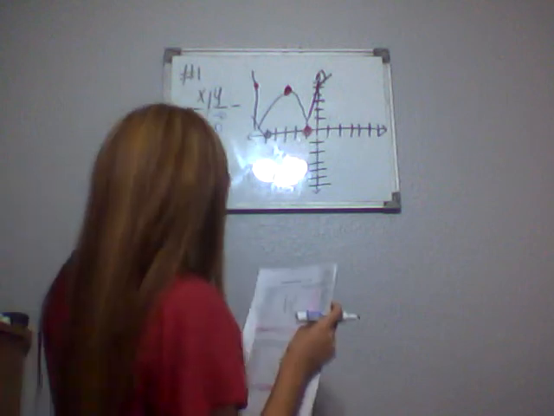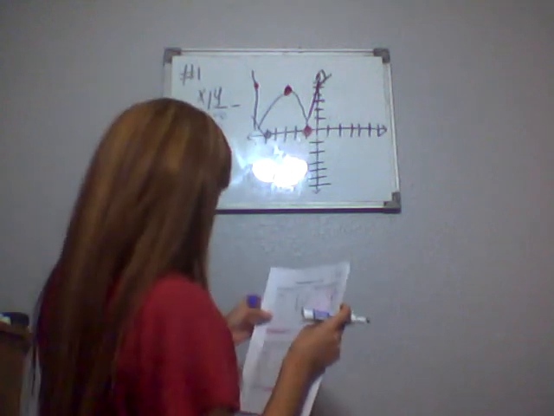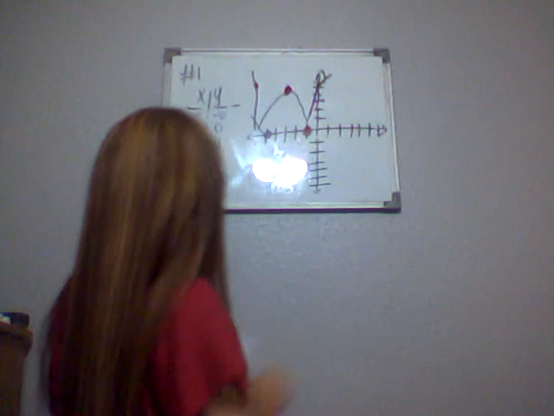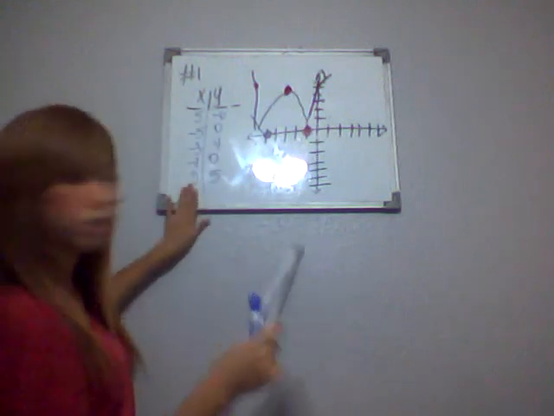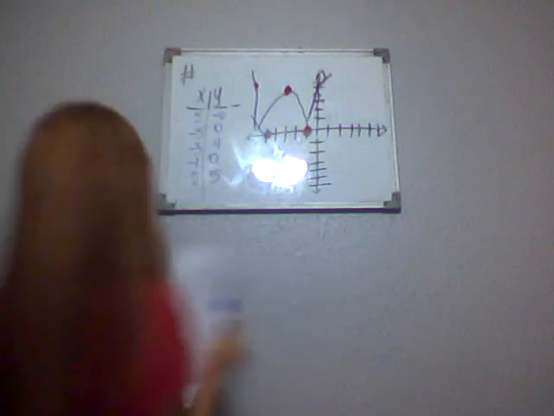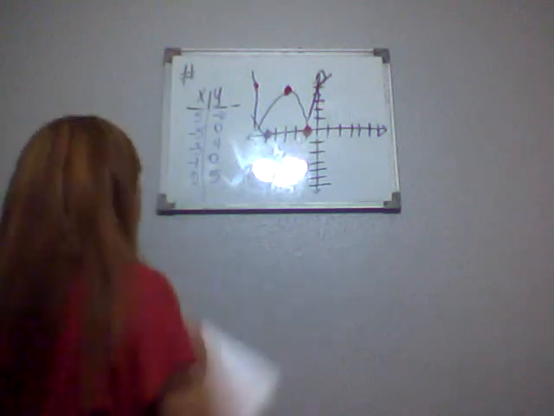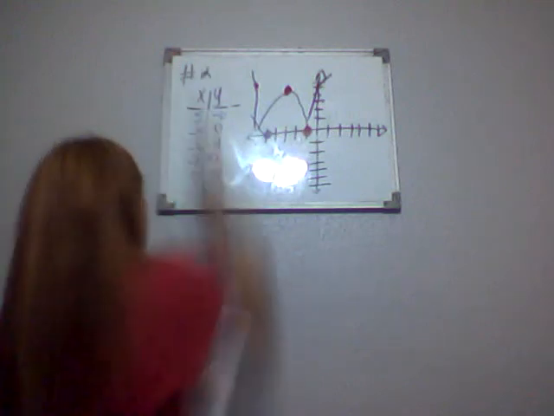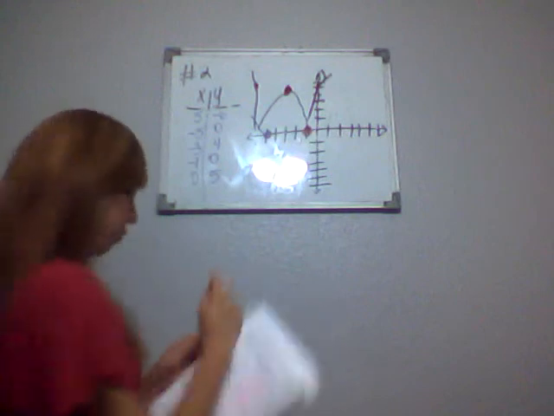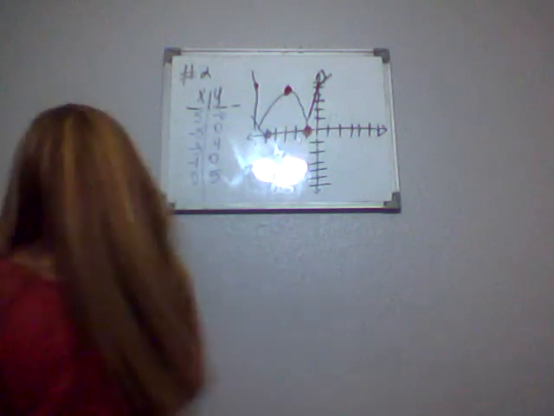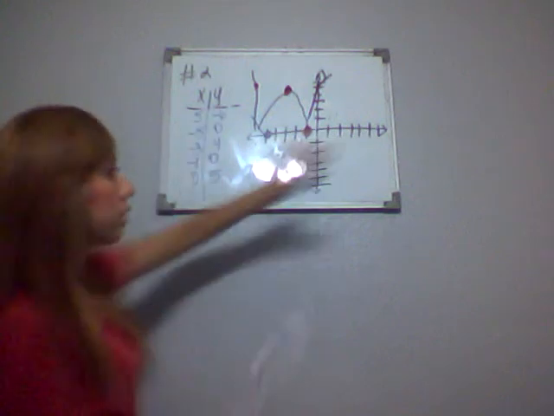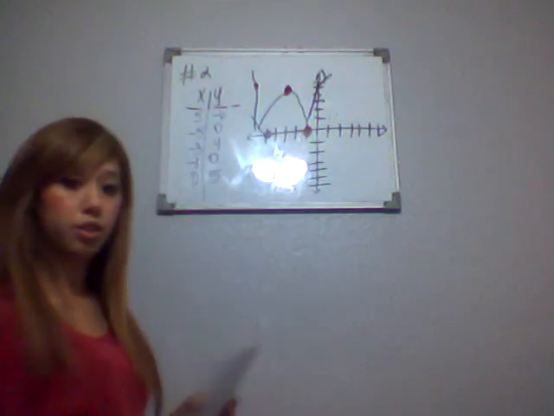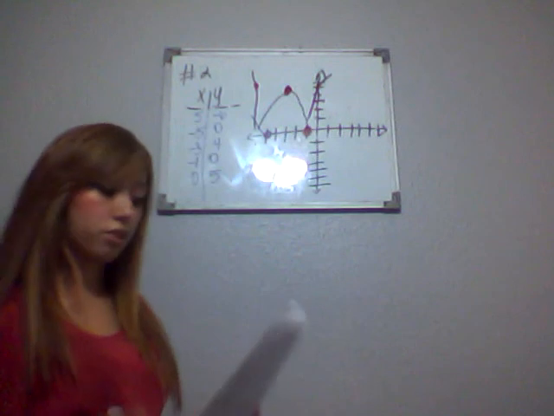Okay? Now, this would be our inverse table. This is number 2, by the way. There you go. And go ahead and plot these points on the graph to get your inverse function.